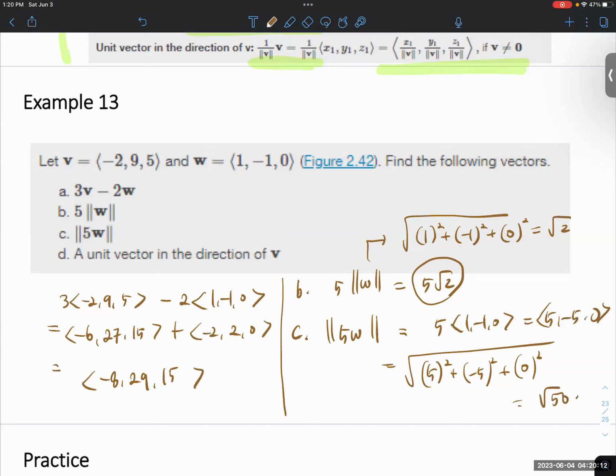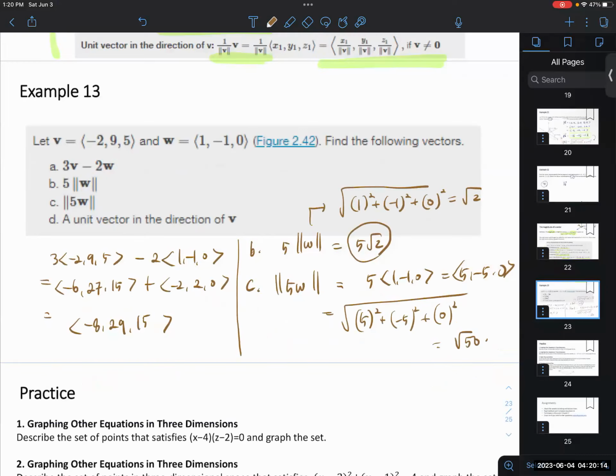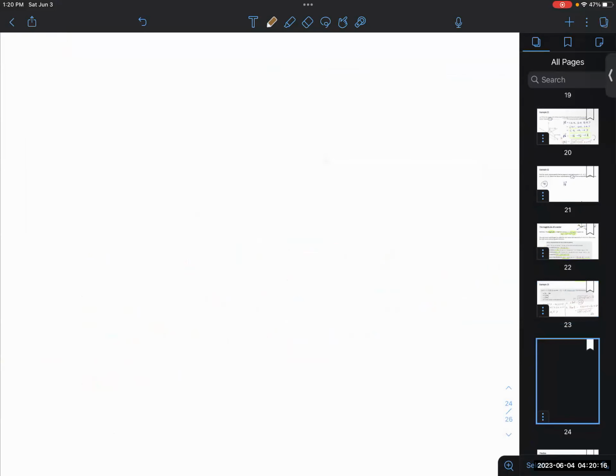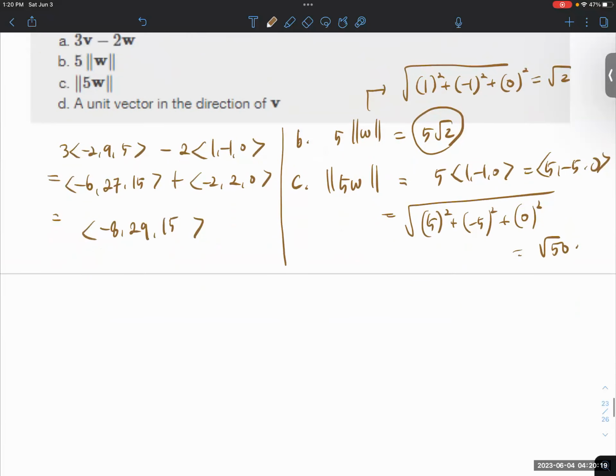Okay? So the last one, the unit vector. The unit vector formula: we know the unit vector's length is 1. So we have a vector, and we're going to find the unit vector u. You have a u vector and the v vector, and I want to find the u vector whose length is 1.